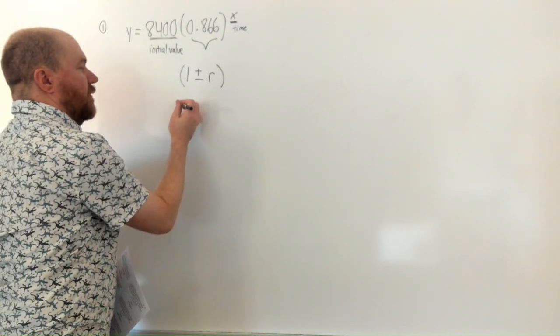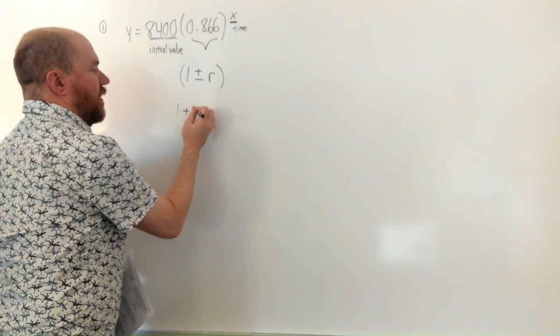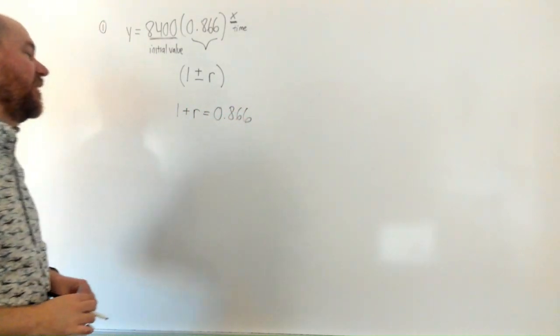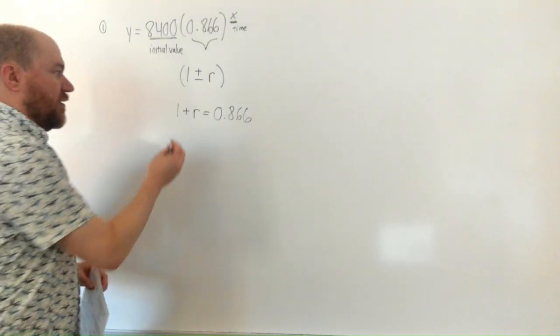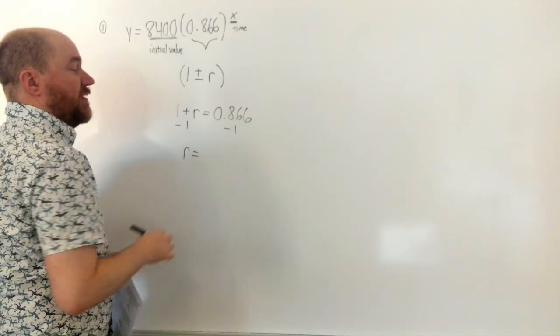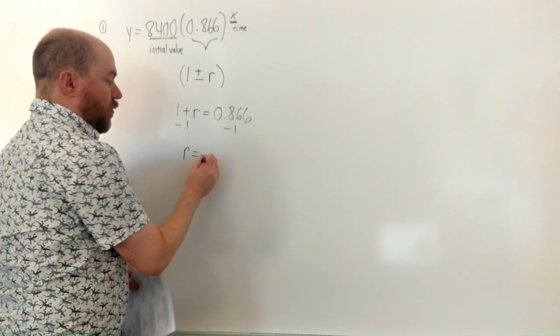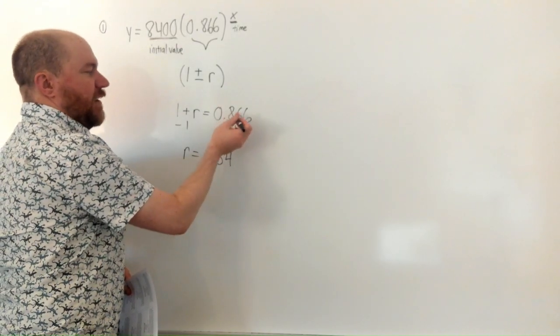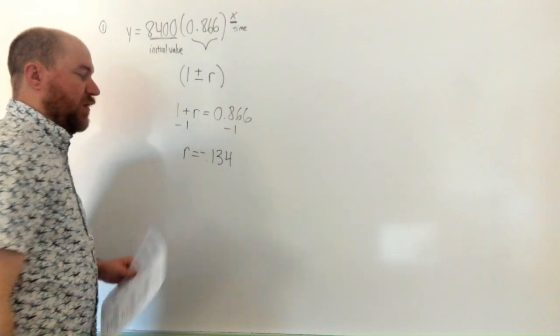Well, let's write it out. 1 plus r equals 0.866. So let's solve for r. Let's do minus 1 to both sides. Then we get the rate is equal to 0.866 minus 1, which is negative 0.134.